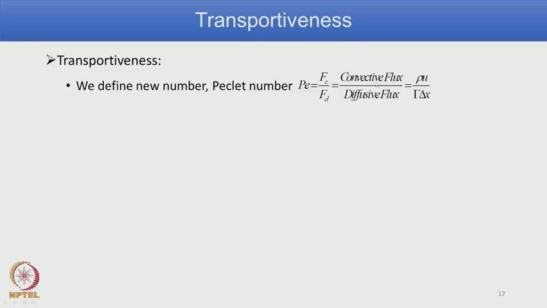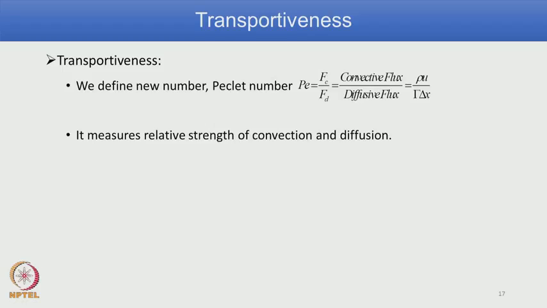If you write convective flux as rho into u, because u is a velocity and that tells you in which direction and how much it is going, that becomes the convective flux. For the diffusive flux, gamma is the diffusion coefficient and delta x is the distance. So, the ratio of convective flux to diffusive flux is what is known as the Peclet number. It measures the relative strength of the convection term and the diffusion term.